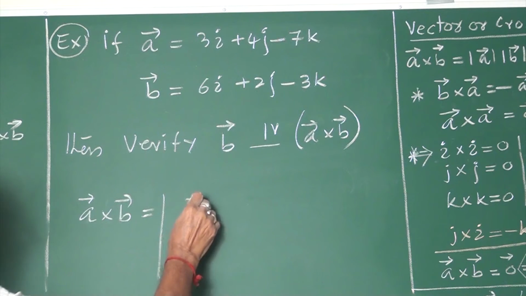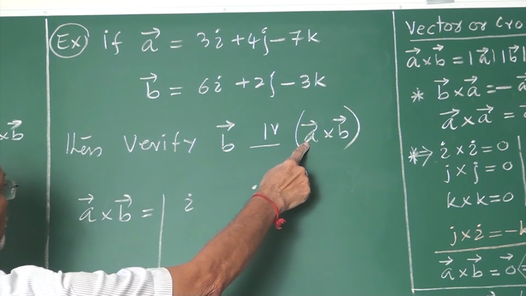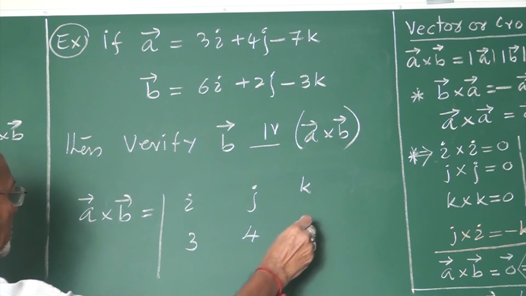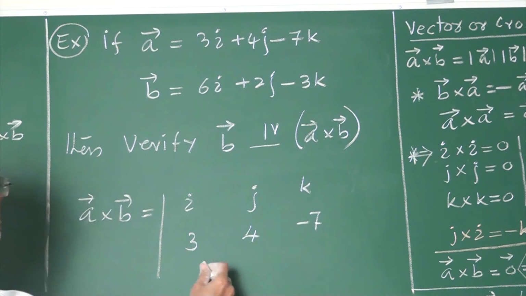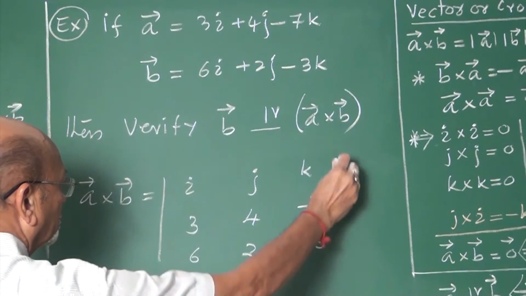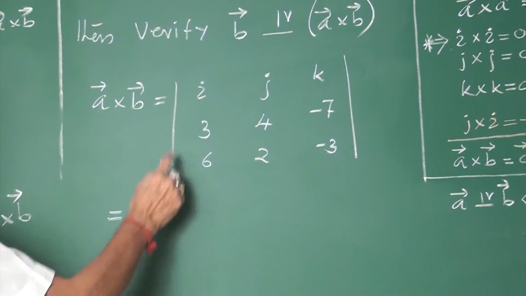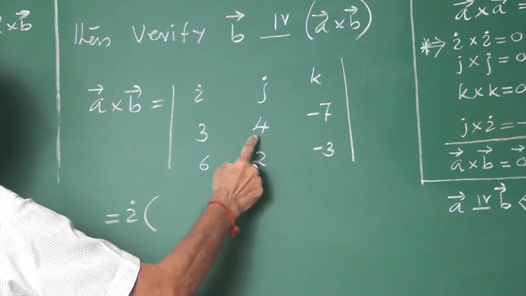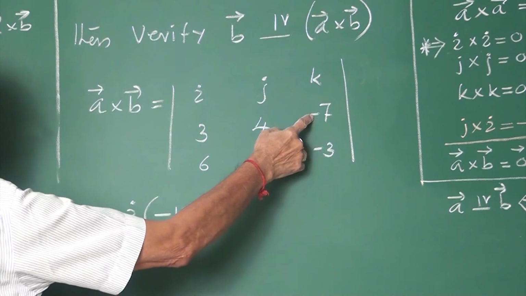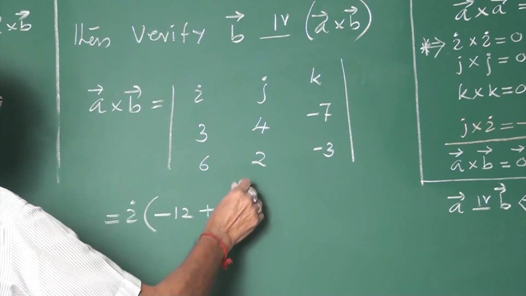This is i, j, k. Components of first vector 3, 4, minus 7, and 6, 2, minus 3. You know the evaluation of this. i into first row, first column, minus 12 plus 14.